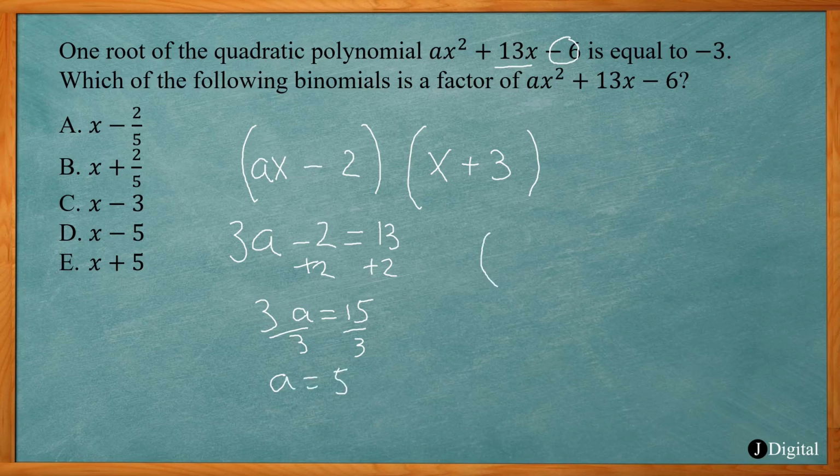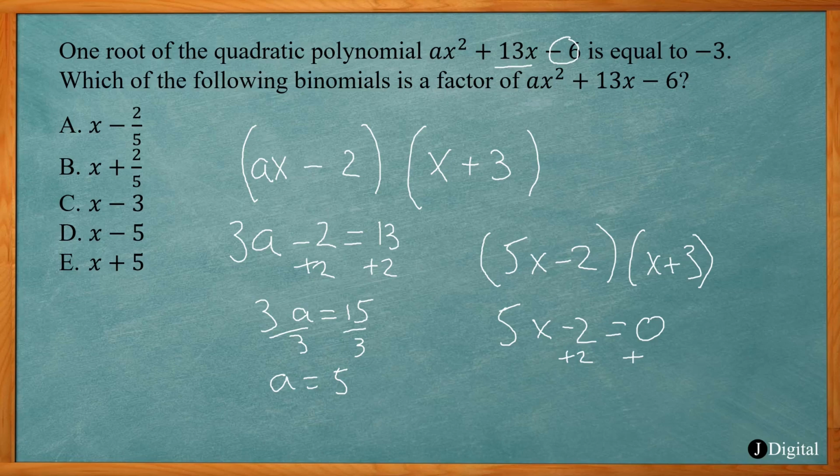So now I can rewrite my parentheses. It's going to be 5x minus 2 and x plus 3. And what I can do here is take my 5x minus 2, set it equal to 0. To get x by itself, I add 2 to both sides. That gives me 5x is equal to 2.